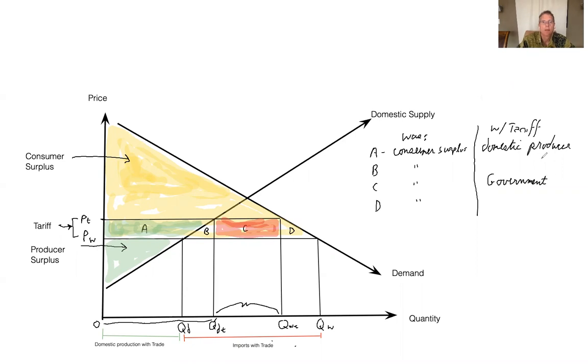Now, from an economist's standpoint, that the money goes to the government is really not a big problem, because the government can only do one of two things with it. Either the government can give it to consumers, or the government can give it to the domestic producers, and the money's not lost. Now, this ultimately comes down a little bit to your politics.